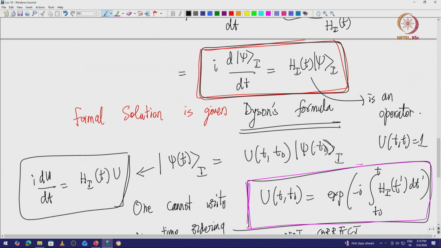This operator, when the time is the same, should not evolve the state. This is obvious: the state should not evolve when the time is the same.